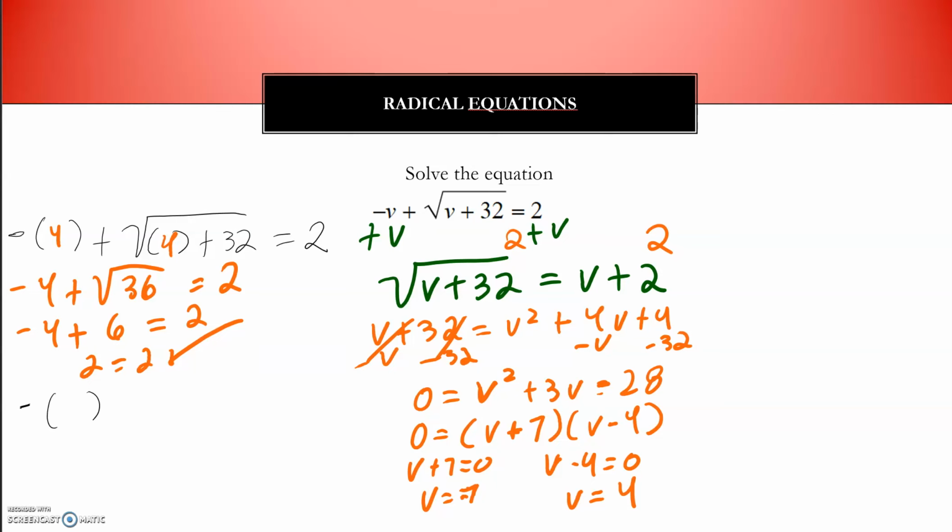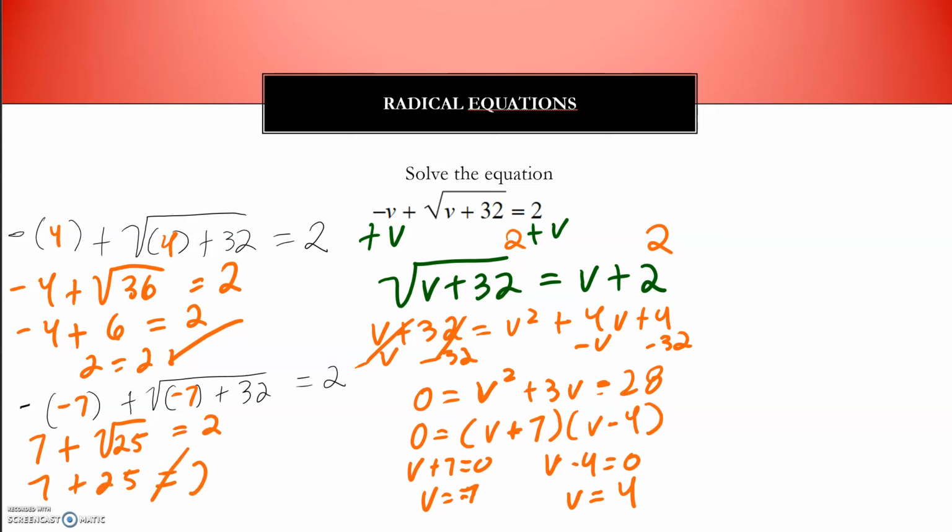So negative v plus the square root of v plus 32 equals 2. So we've got negative 7 in both cases. Positive 7, double negative cancels, plus the square root of 25 equals 2. 7 plus 5 does not equal 2. That one is the extraneous. So there's an example of one of each.